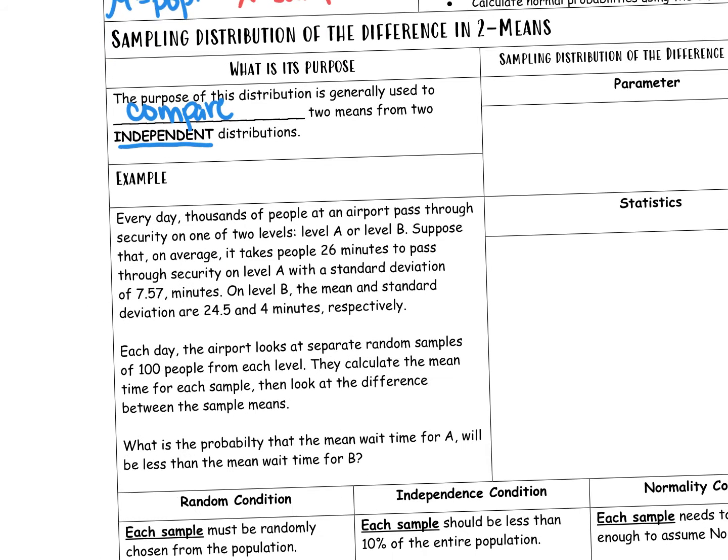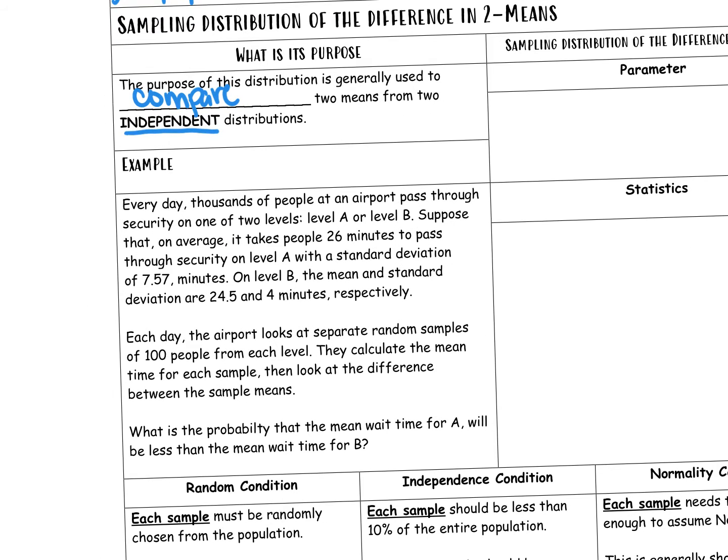So here is the example. Every day thousands of people at an airport pass through security on one of two levels, level A or level B. Suppose that on average it takes people 26 minutes to pass through security on level A with a standard deviation of 7.57. On level B, the mean and standard deviation are 24.5 and 4 minutes respectively. So let's write out what we know.